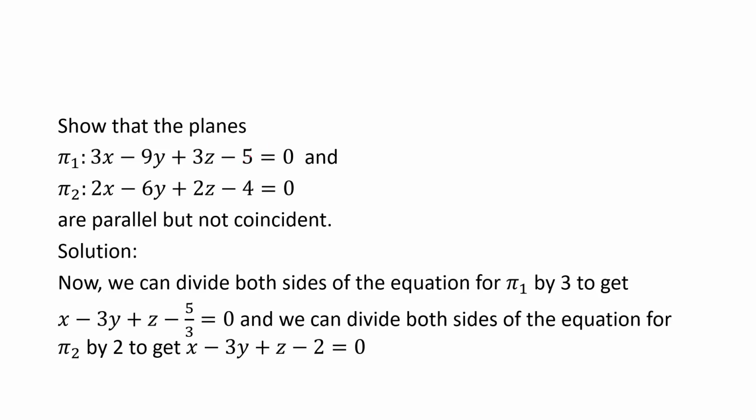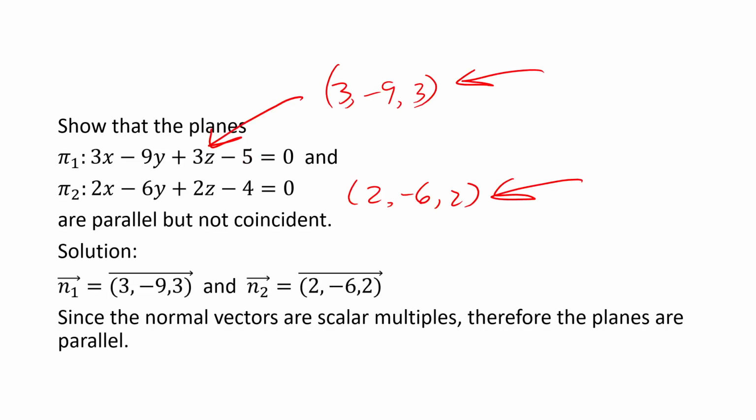So one way of going about answering that question would be to determine a point on the first plane. To determine a point on that plane, we could simply let x equal 0 and y equal 0, and then solve for z. If we did that, we would get that z is equal to 5/3.